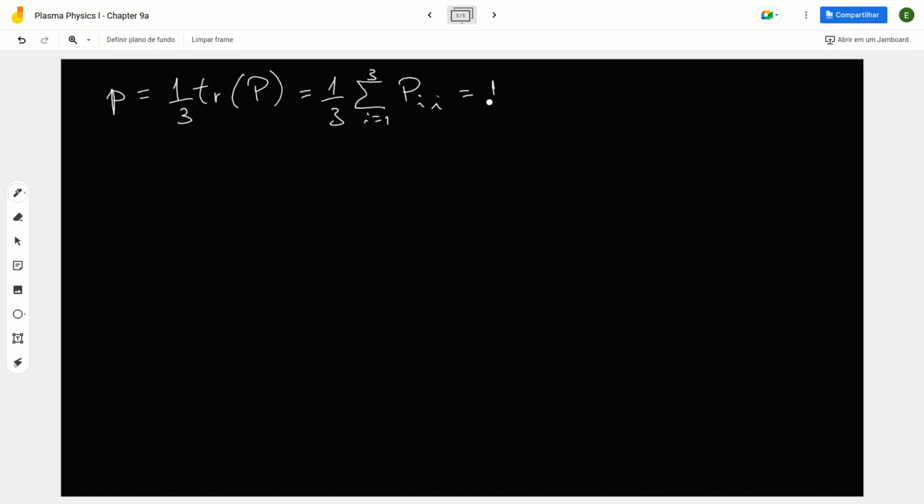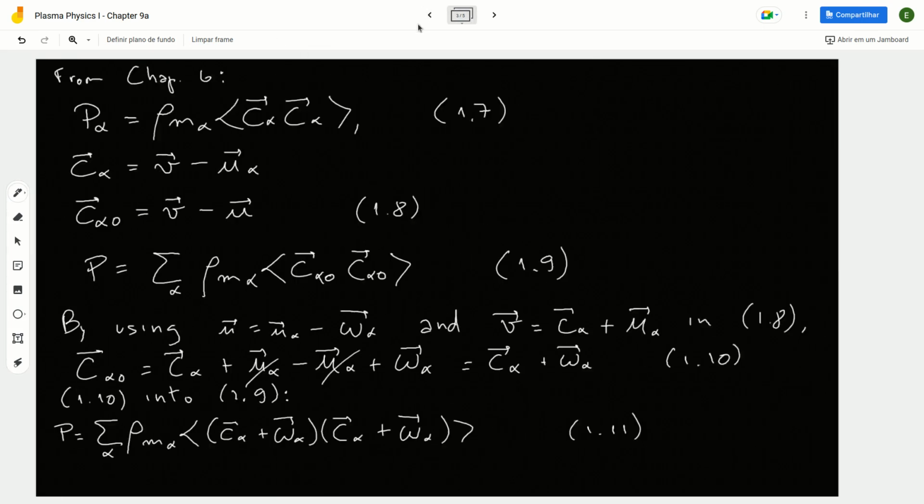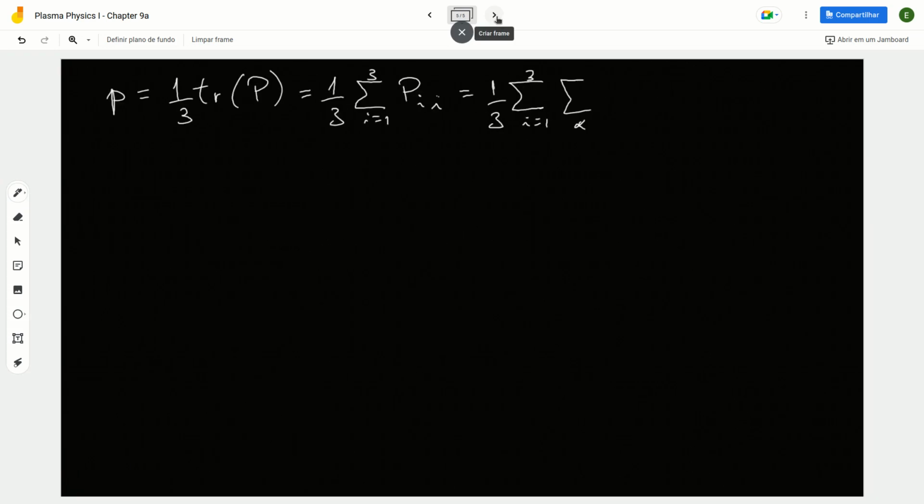And this is using the definition of each element, 1/3. I am summing over particles alpha because of this, right? The P has a sum over all particles.